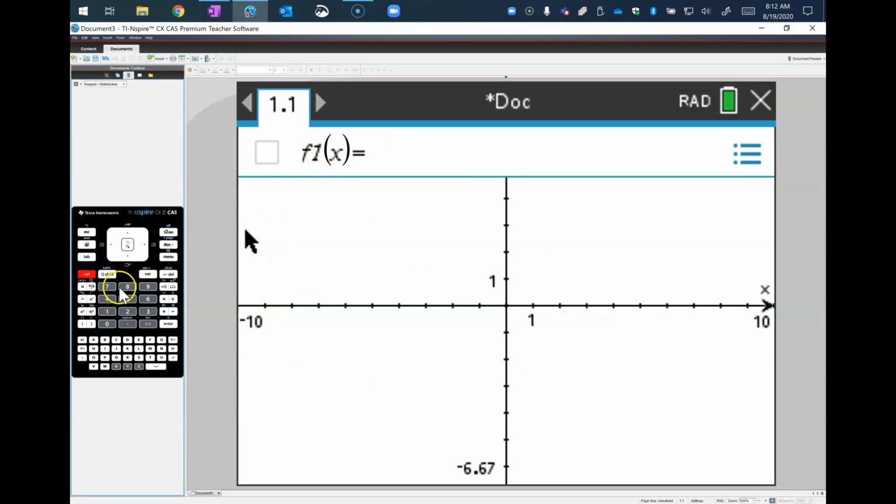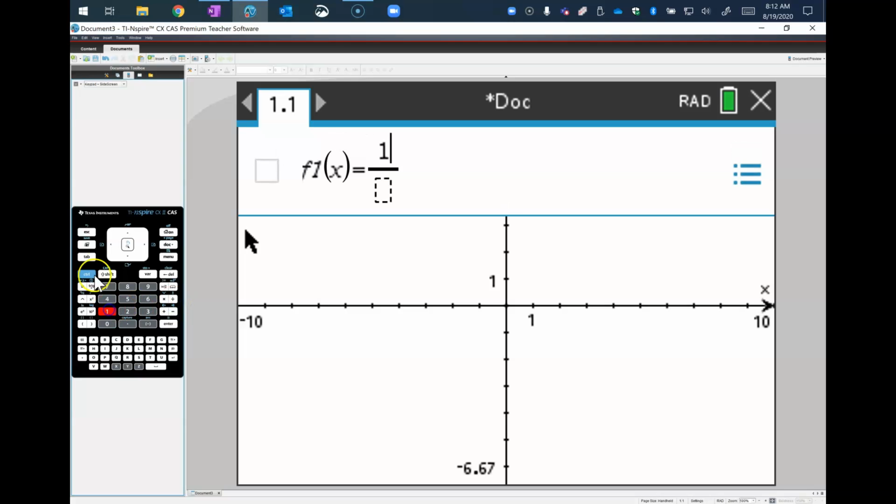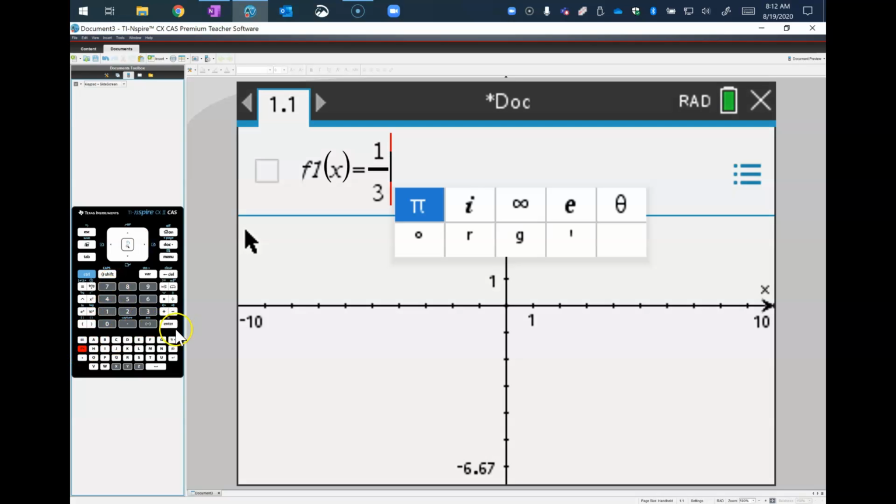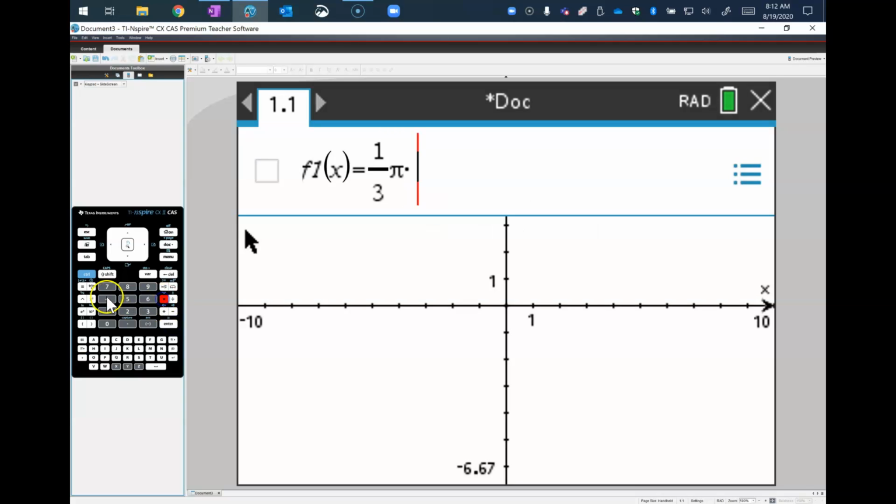So remember, it was control divide to get a fraction, 1/3 pi, just down here, times parentheses 36 minus x squared times parentheses x plus 6. Okay, that's the function that we saw.